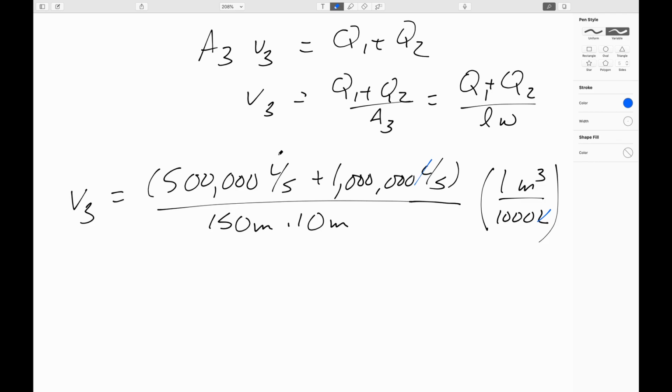Cancel, cancel, cancel. We can lose 2 powers of meters off against that. We can lose 3 zeros here and here against that. So I have 1,500 divided by 1,500 to get that the speed of the current in river number 3 is 1 meter per second.